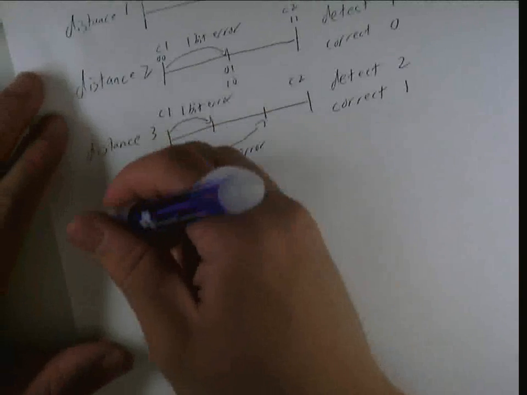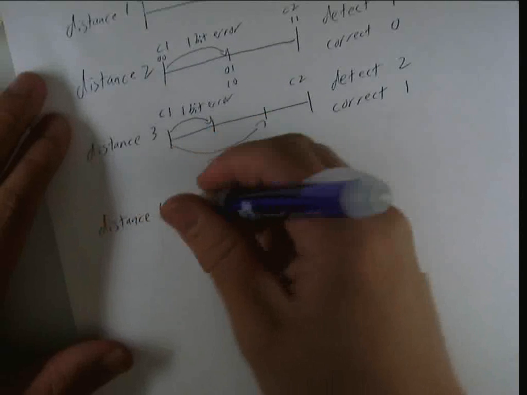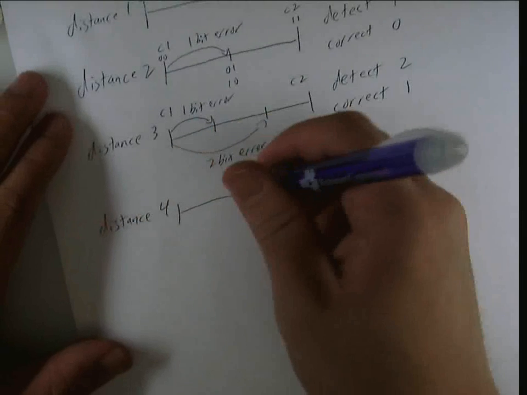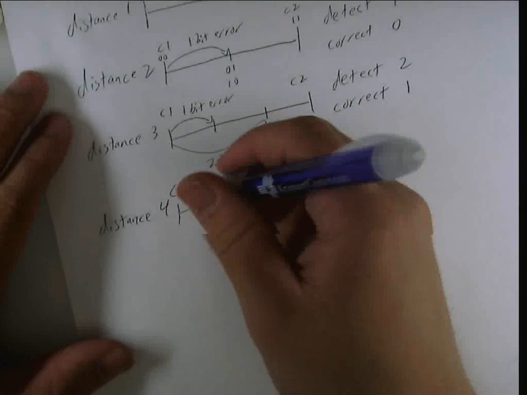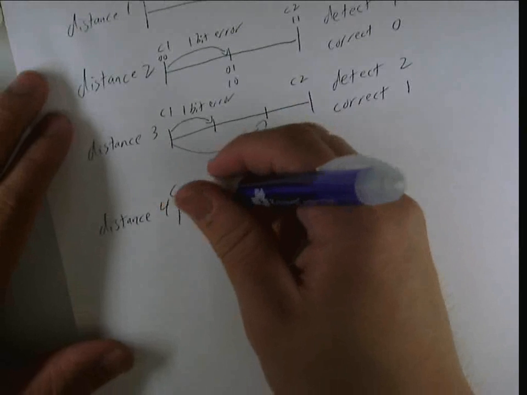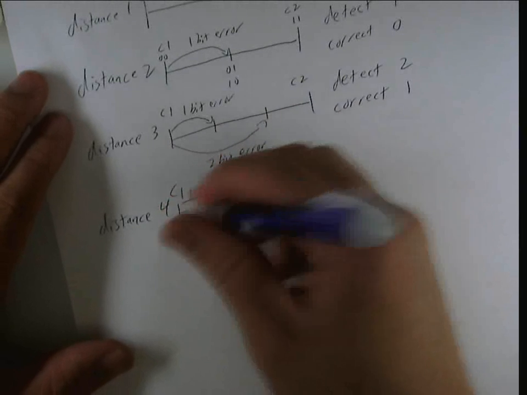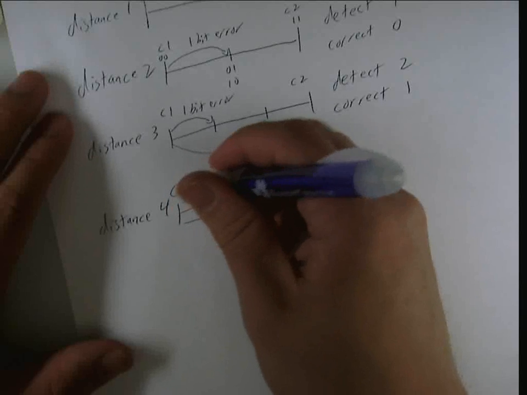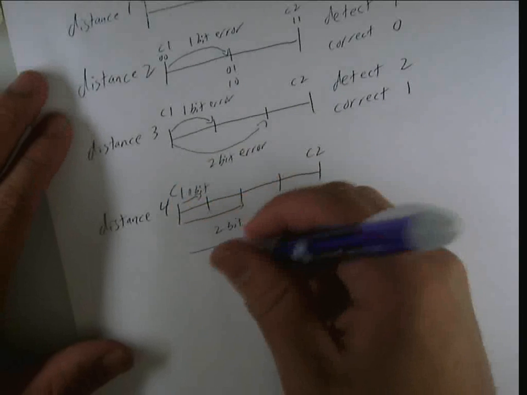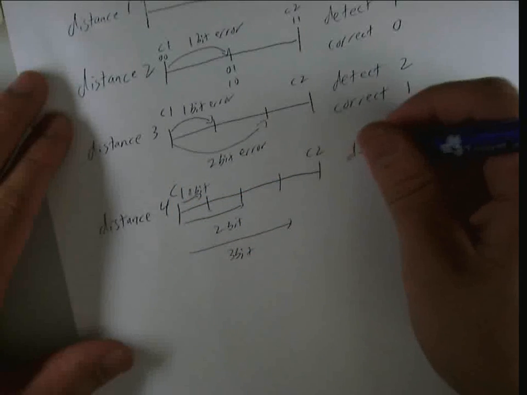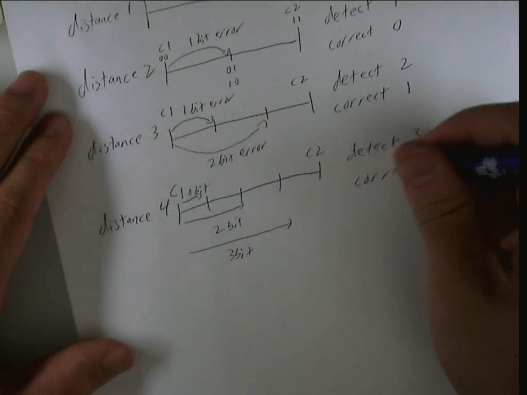And then for distance 4, we've got a similar thing. Now we've got this, C1, C2. 1 bit of error is fine. With 1 bit of error, I can detect an error. 2 bits, I can detect an error. 3 bits, I can detect an error. But how many can I correct?